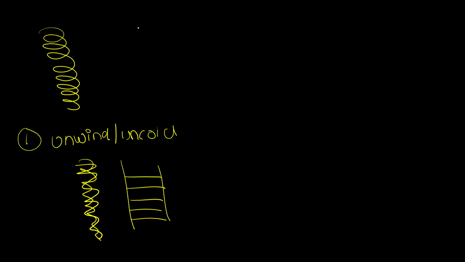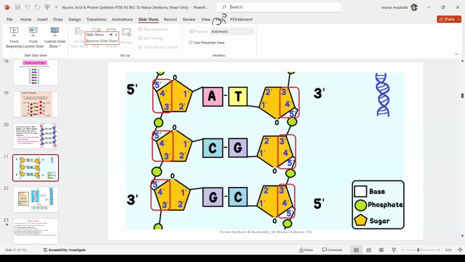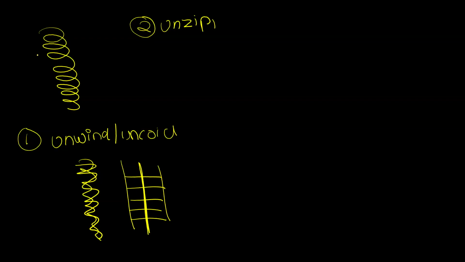And then step number 2, the hydrogen bonds between the nitrogen bases will disconnect. The hydrogen bonds between the bases will be broken down. This is going to be step 2, and it's called the unzipping.